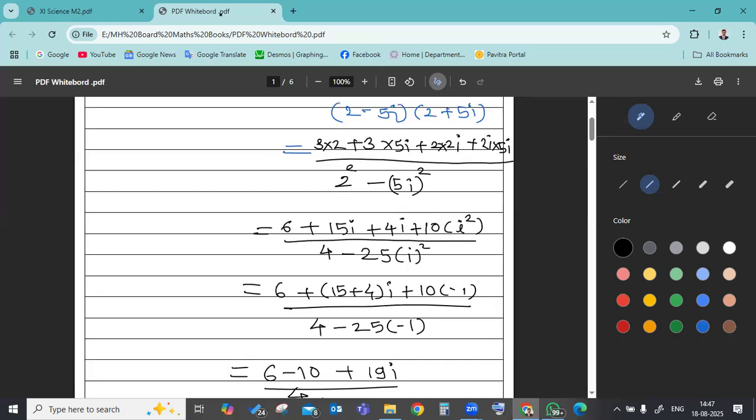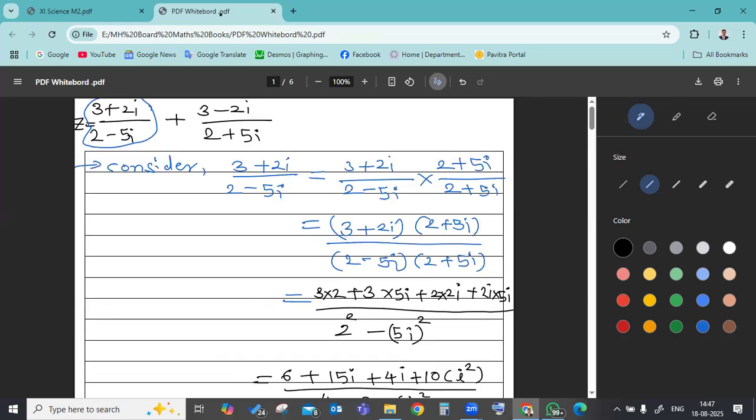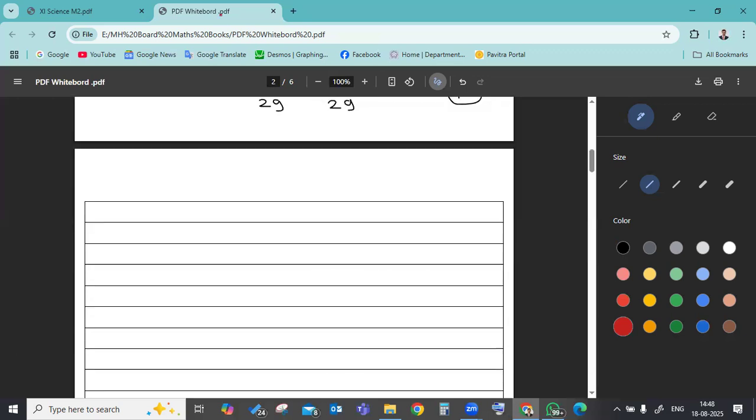Now we have simplified this first part only. The first division is done. Now the second division. Consider the second part, (3 minus 2i) upon (2 plus 5i).